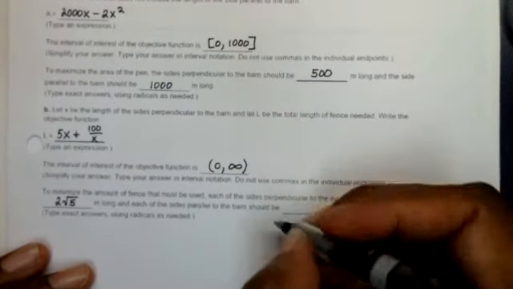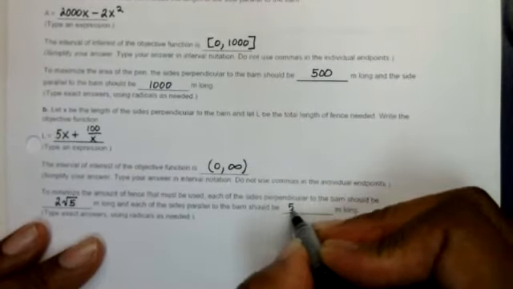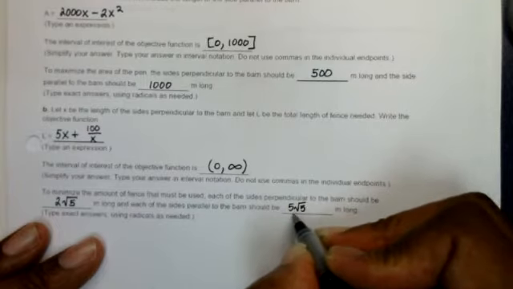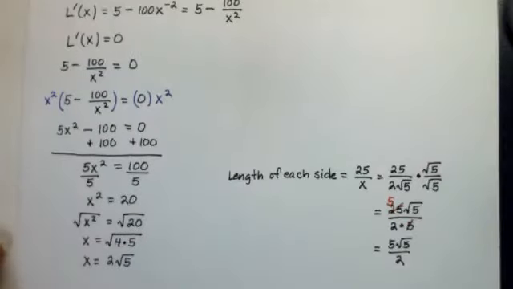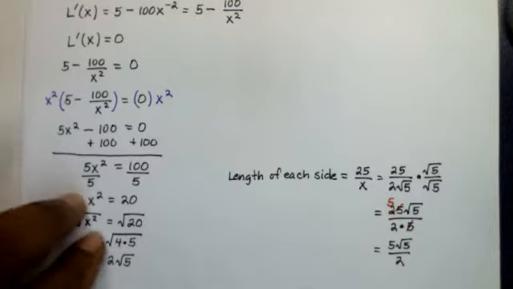So going back to this, each of the sides parallel to the barn should be 5 square root of 5 all over 2 meters long.